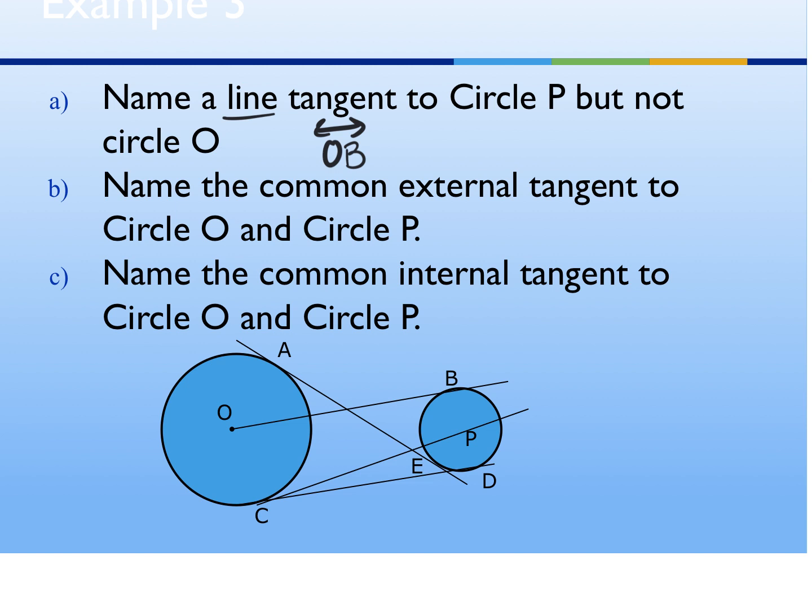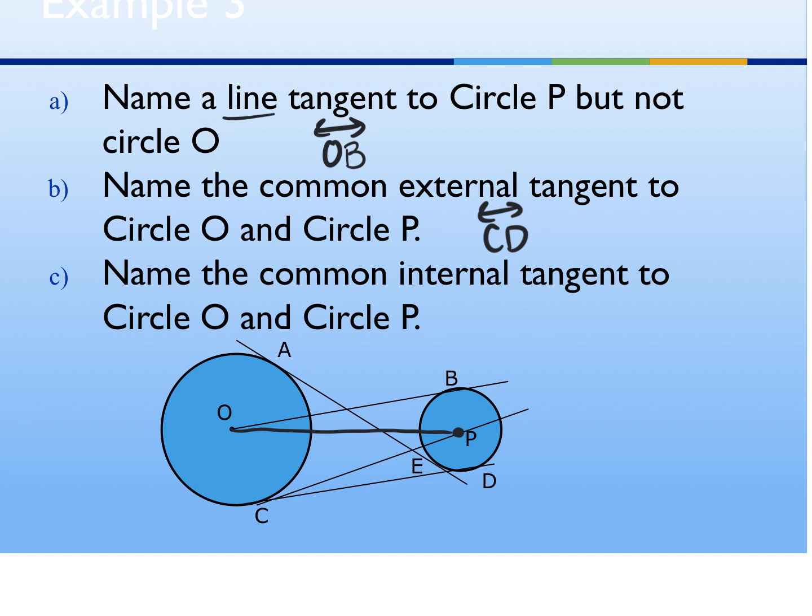Name the common external tangent to circle O and circle P. CD is correct. How do you know that it's external? If you were to draw a line between the 2 centers, does it cross that line?